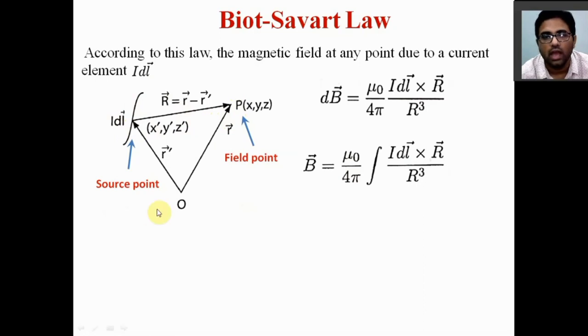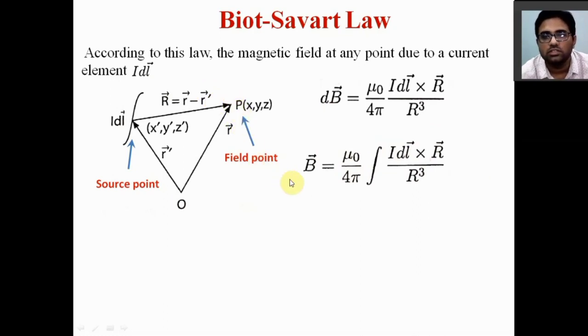Okay, and O is the origin. And here mu naught is called the free space permeability. So for a finite length of current element, we have to integrate over the total length of the wire to find the total magnetic field at point P, right?